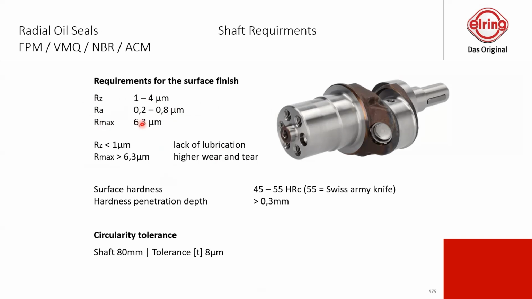So in the end, a very, very smooth surface, because we don't want to have any kind of marks on the shaft. This is really important. Sometimes there is also a hardness of the shaft, so they get induction hardening spots around a shaft, and that's sometimes a risky thing.